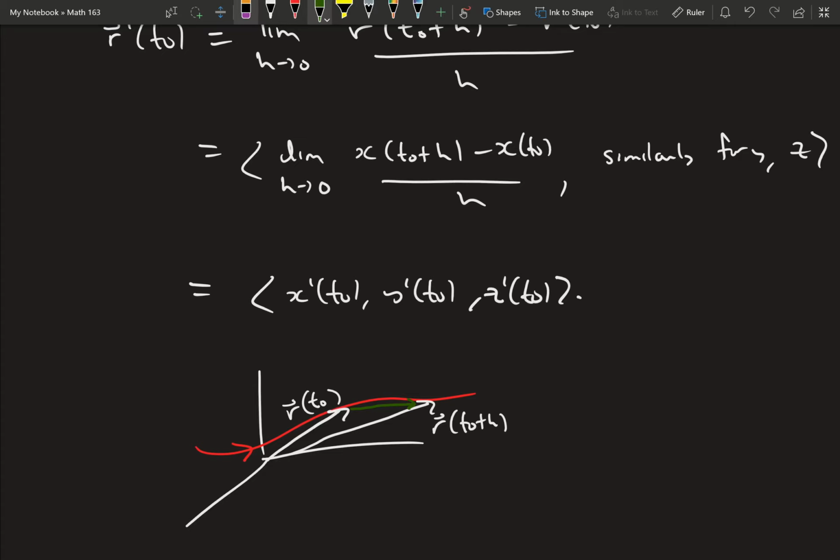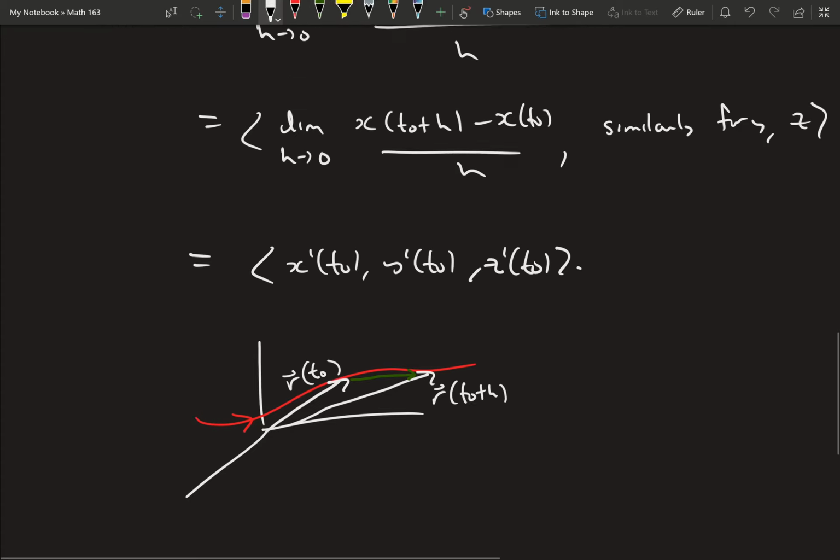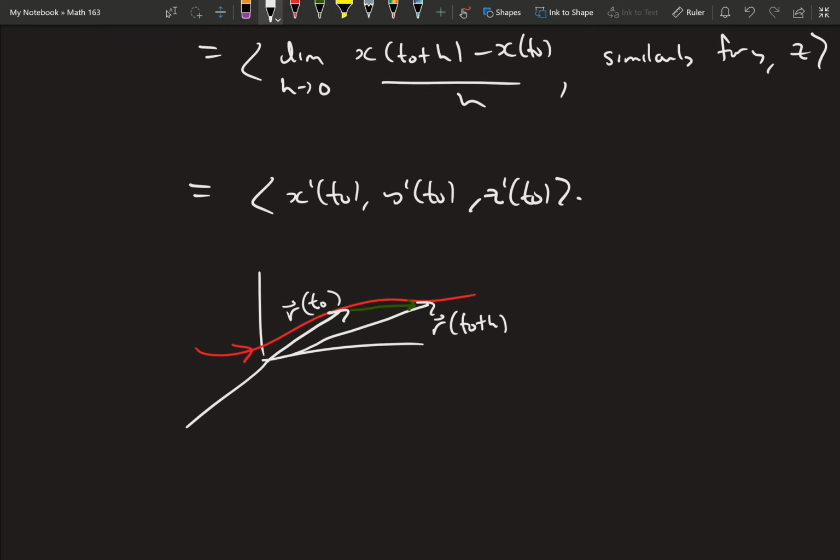Essentially, as h goes to 0, the green vector here, which is our difference quotient vector, becomes tangent to the point here, to the point r of t naught.